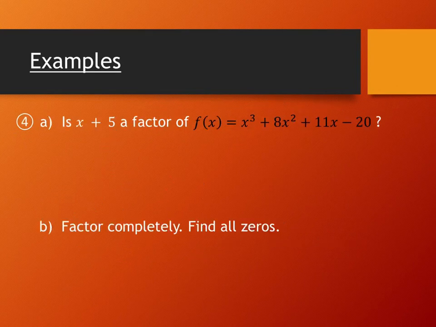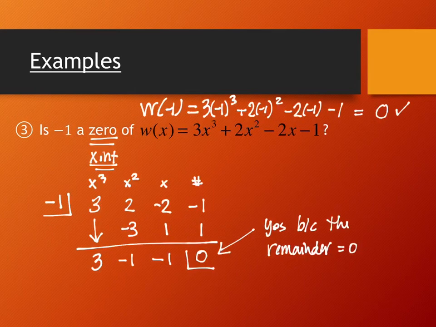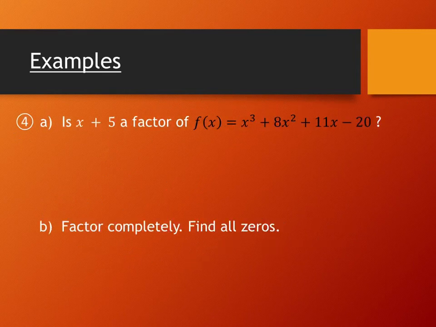Okay, so another phrase, is it a factor? So is something a 0, is something a factor? That's the same question. But the difference, of course, that you notice is that it's given to you in a polynomial form, right? It doesn't say, is -1 a 0? It says, is x plus 5 a factor? Well, what does that mean?